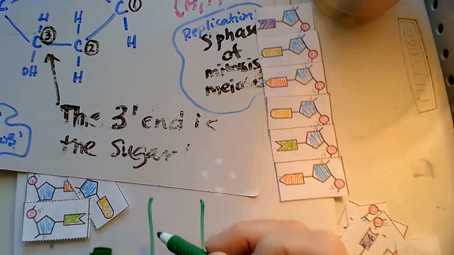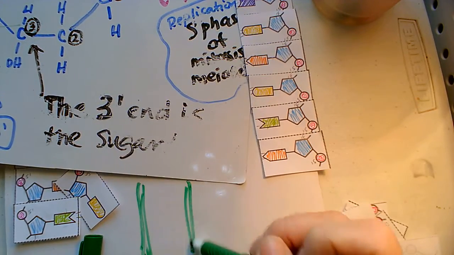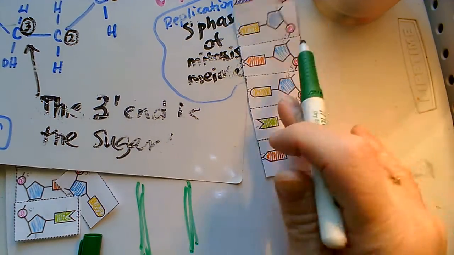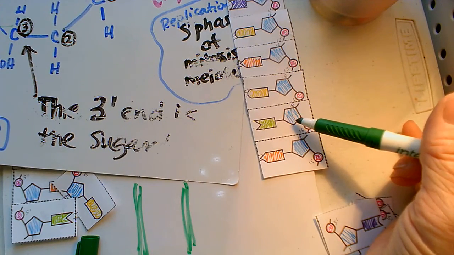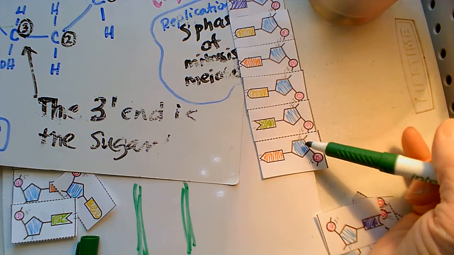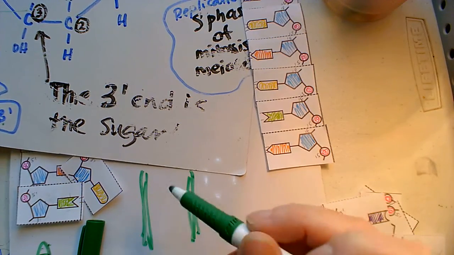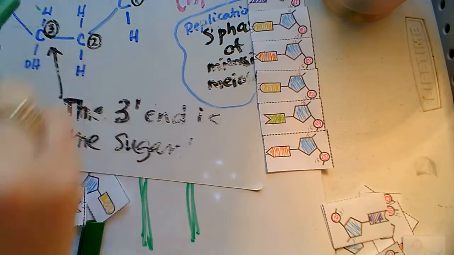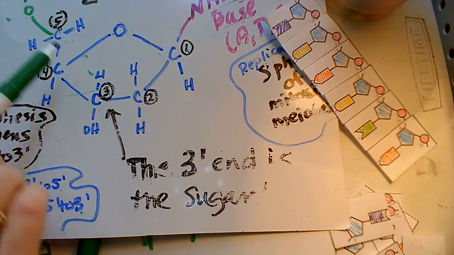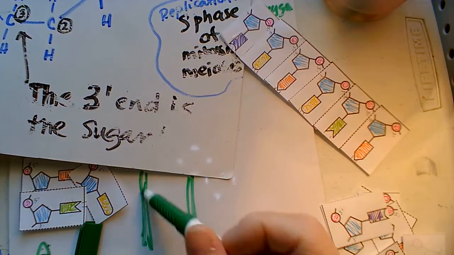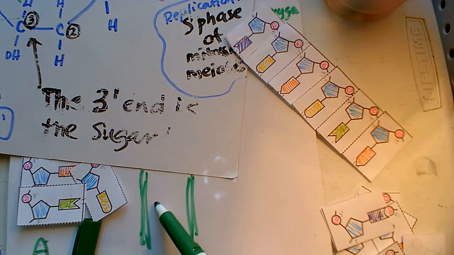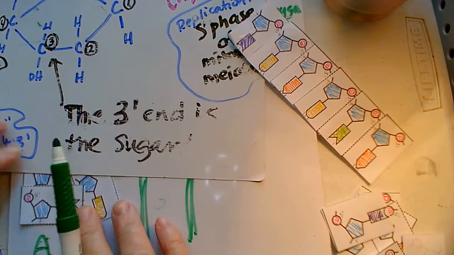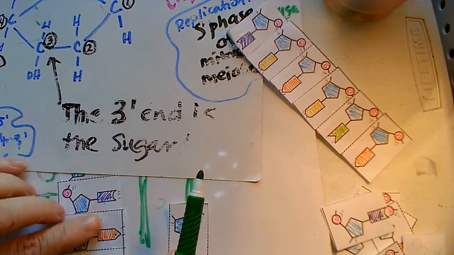This backbone, okay, this is composed of the deoxyribose and phosphate, okay, and so that's what these two are. Okay, these two parts of the molecule are along the back, and then in the center are the different bases, okay, that I've color-coded for us today.